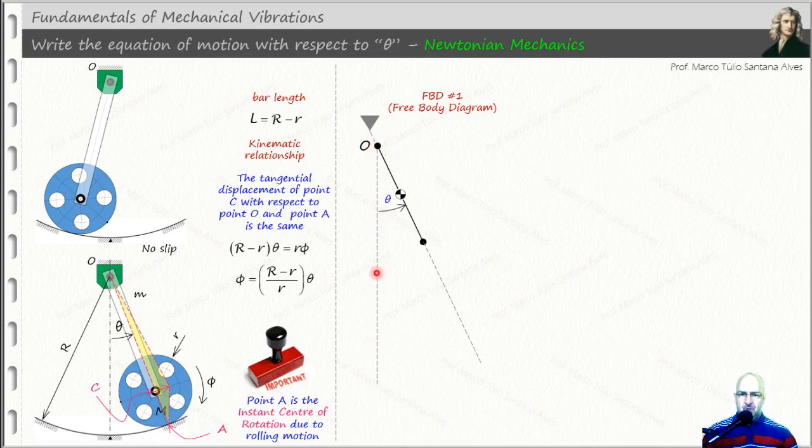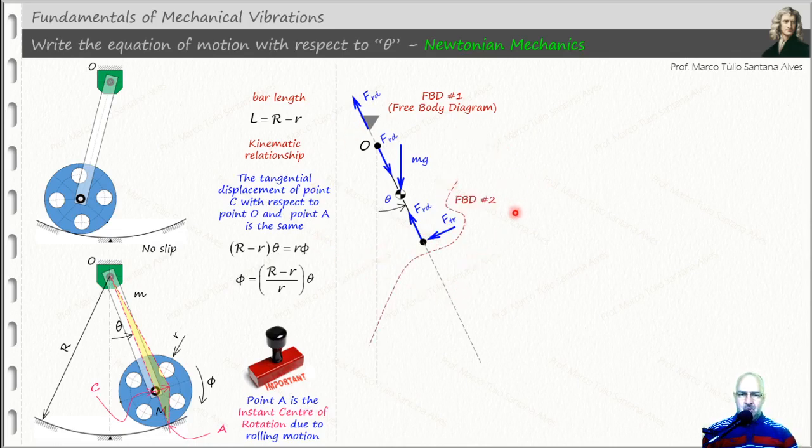From this equilibrium position, we describe the angular motion by using theta, and the weight of the bar applied to its center of gravity is here. Now we have the reaction force along the radial direction. In this case, the bar is in tension. At the free end of the bar, there is a tangential force.